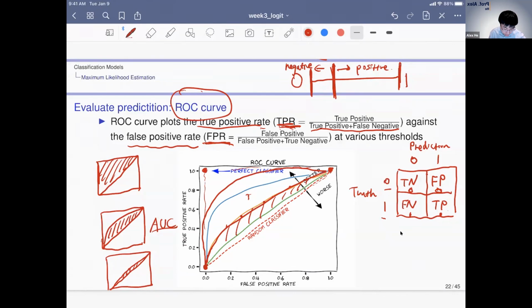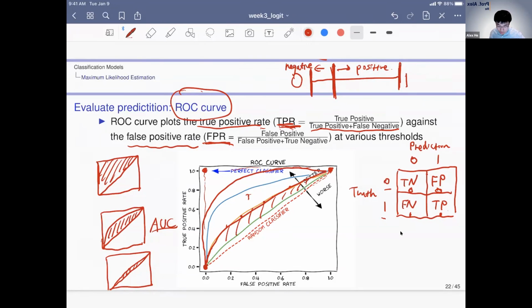If it's very big, it means that I always predict positive or negative correctly. If it's small, it means that I'm close to a random prediction, like flipping a coin and randomly saying it's positive or negative without looking at any of the x's.